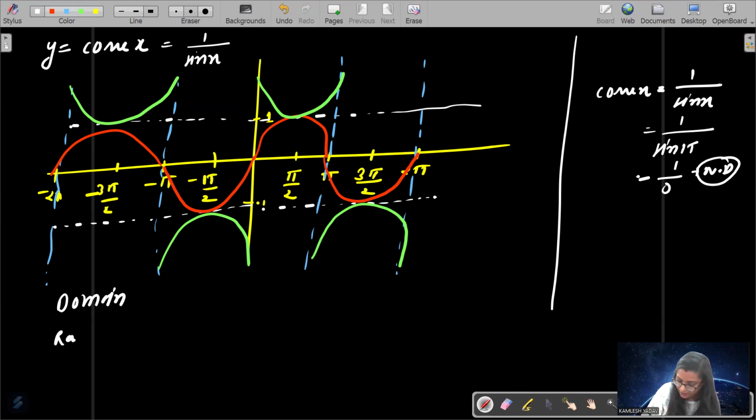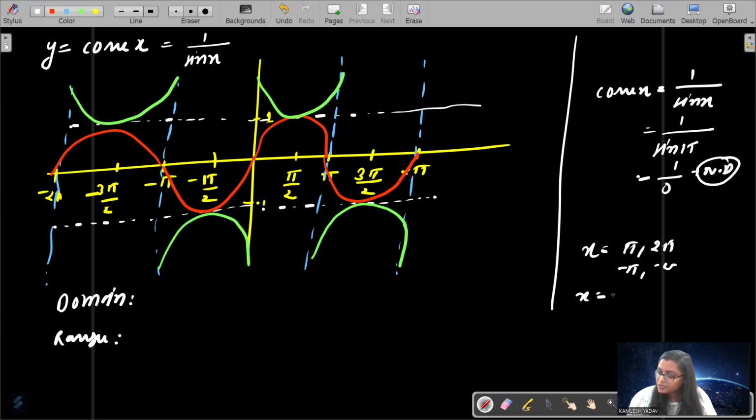domain and range. In this graph, we see very clearly that when x equals pi, 2 pi, minus pi, or minus 2 pi, the cosec x becomes undefined.